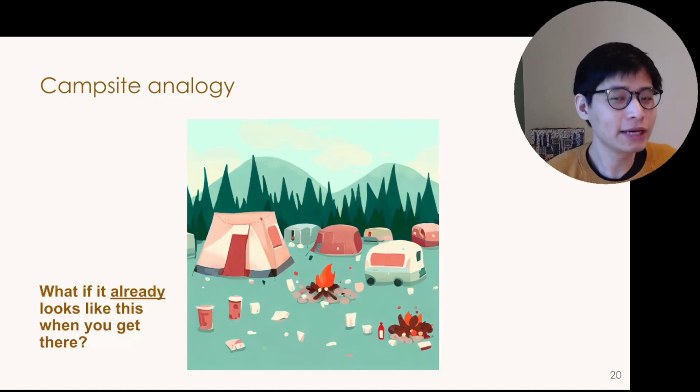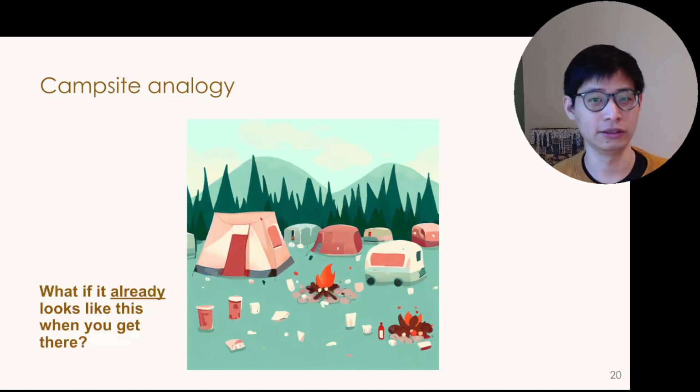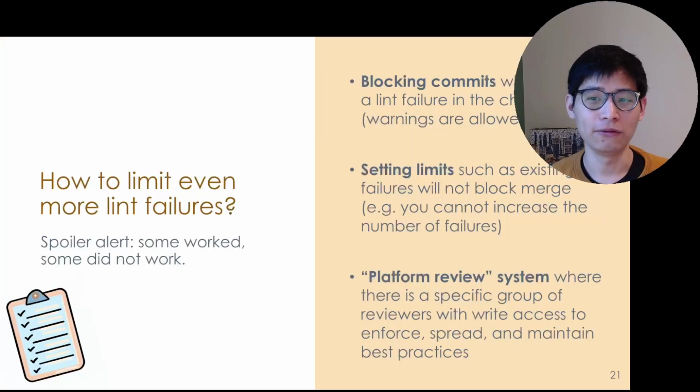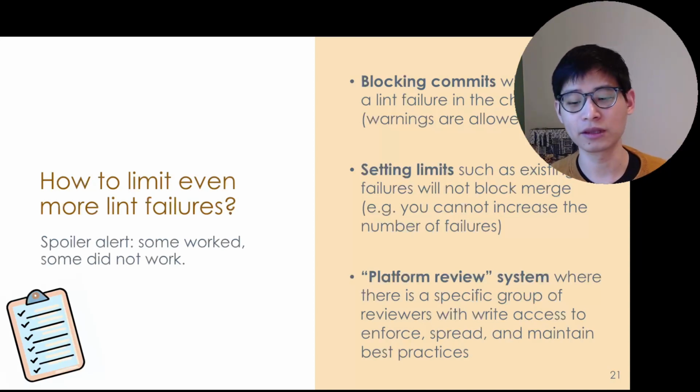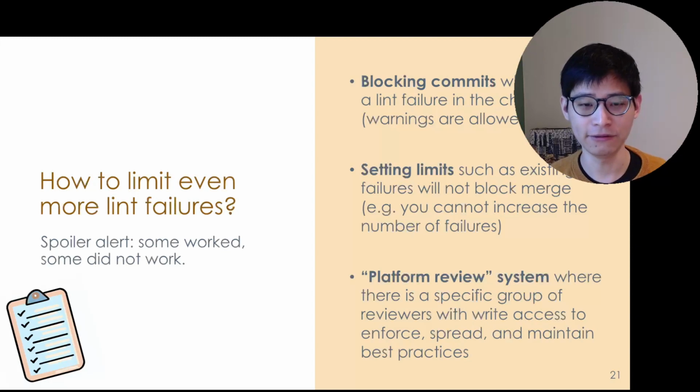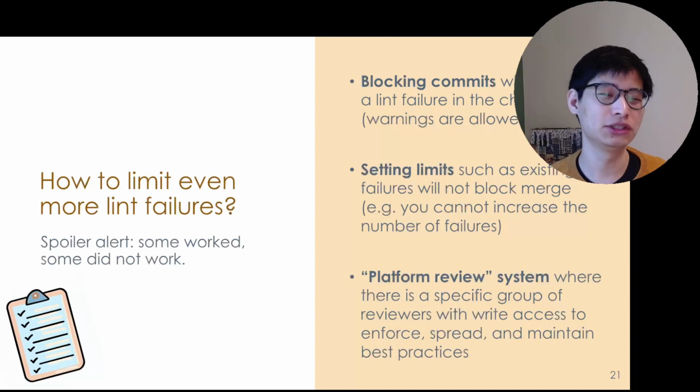But what if you came to a campsite and it already looks bad like this? What we've seen is that the first thing that we've tried is blocking commits. If there's a lint failure in your change file, you can't commit that file, and so it forces engineers to resolve the lint failures. We've also tried setting limits.